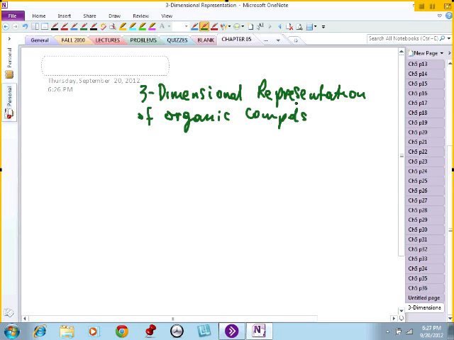Take a look at this molecule here. For the purpose of this discussion, this group right here is a methyl group. Also think of this here as a methyl group. This here is your hydrogen. This here is your chlorine. This is your carbon.